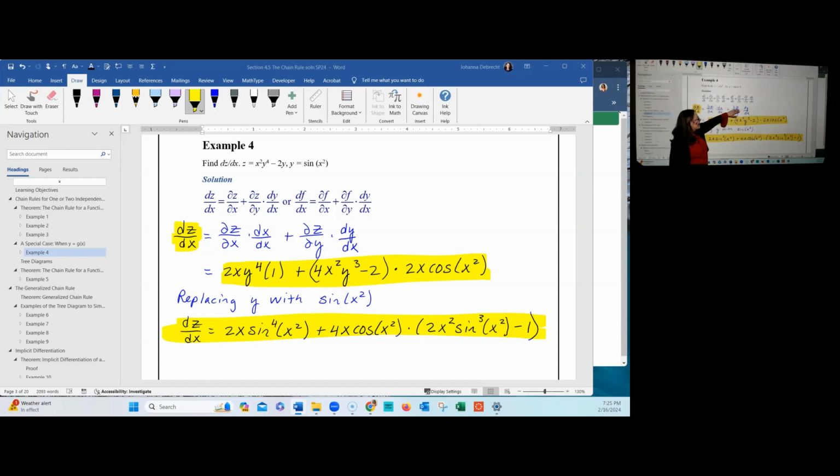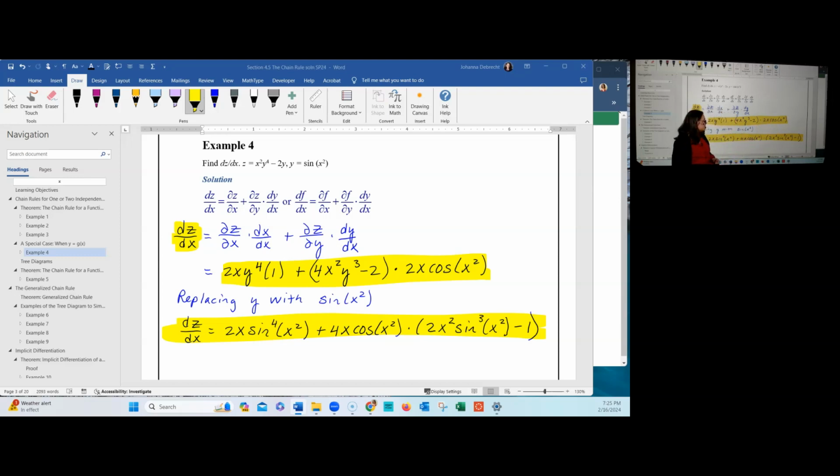Then I add to that the partial of z with respect to y, which gives me the expression 4x squared y cubed minus 2, multiplied by the first derivative of y with respect to x. In this case, I have to apply the chain rule for functions of 1 variable, giving me the derivative of the outside cosine, the inside still x squared, multiplied by the derivative of x squared, which is 2x.